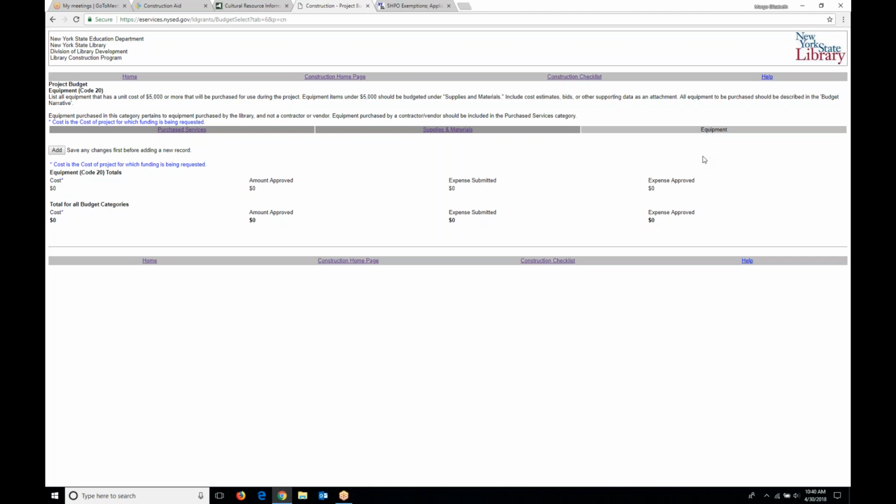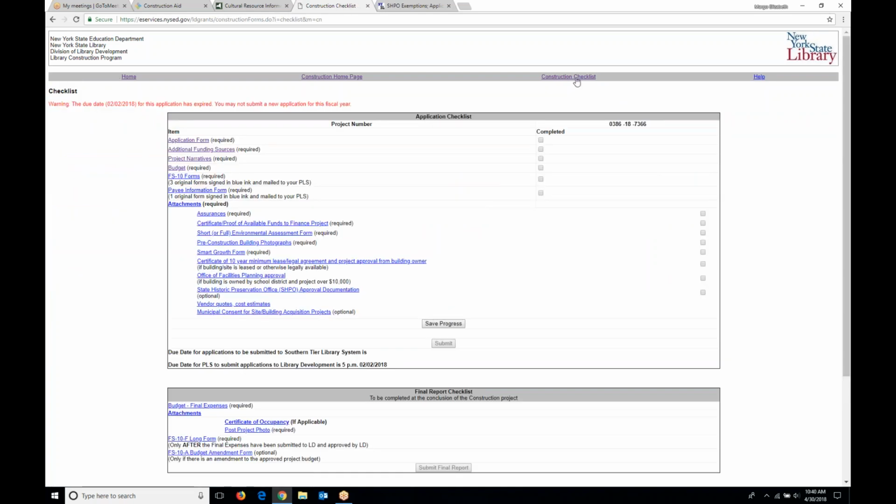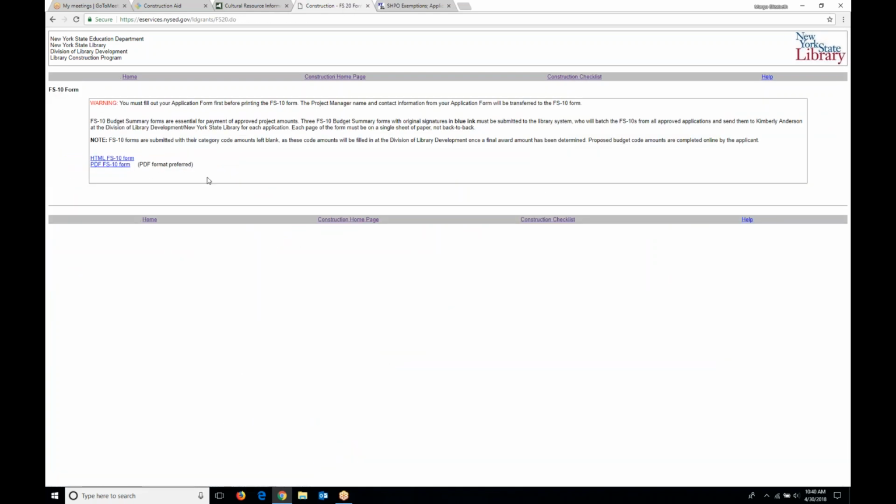Now, if for some reason you're renting the equipment and the contractor is just using it, then you would put it under here. But that's very, very, very uncommon. I've never seen it. So in general, everything should go under purchase services, even if it's itemized or outlined in your project budget.